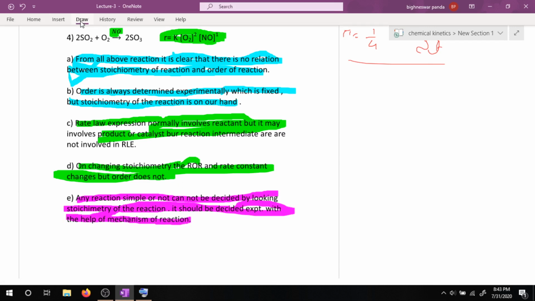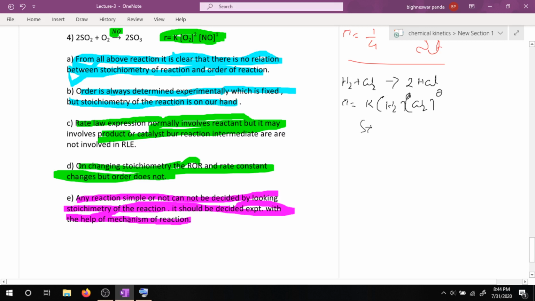So let us consider a reaction as follows. H2 plus Cl2 gives rise to 2HCl. So here rate is equal to K into [H2] to the power 0 [Cl2] to the power 0. Here the rate does not depend upon the molar concentration of hydrogen and chlorine. So this is not a simple reaction.